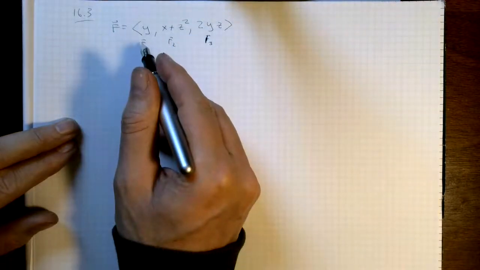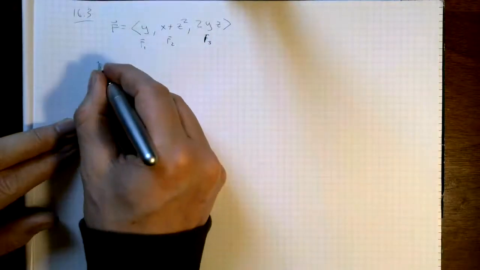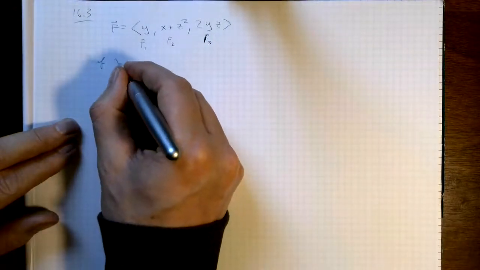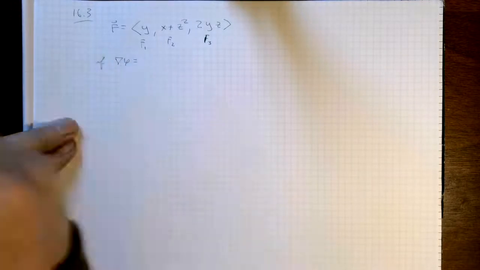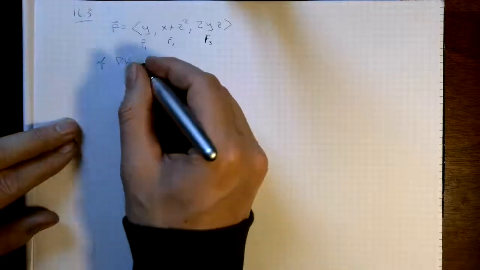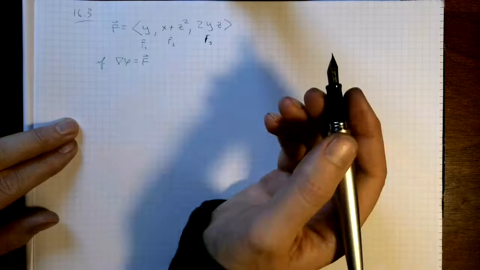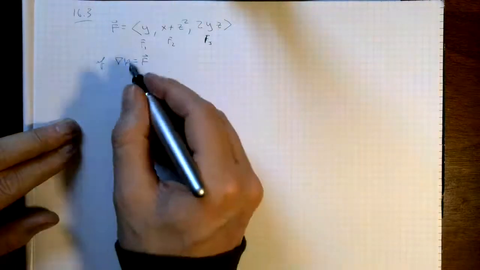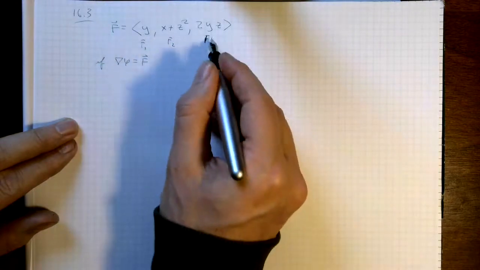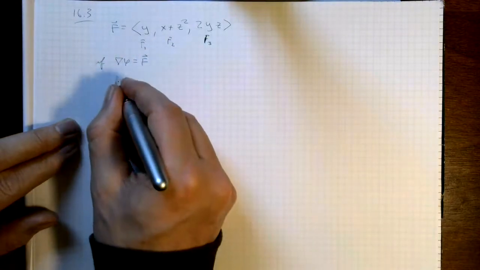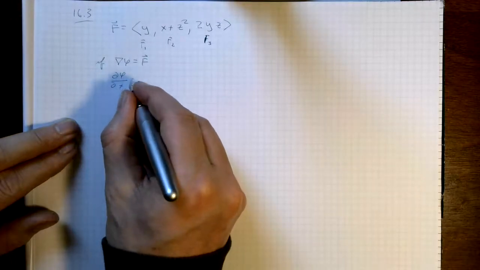If the gradient of some function phi is f, then this is the x derivative, this would be the y derivative, this would be the z derivative, right? So d phi dx is supposed to be y.